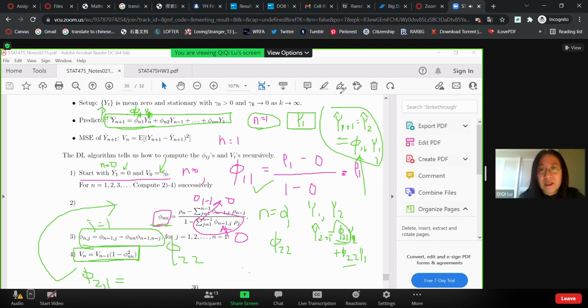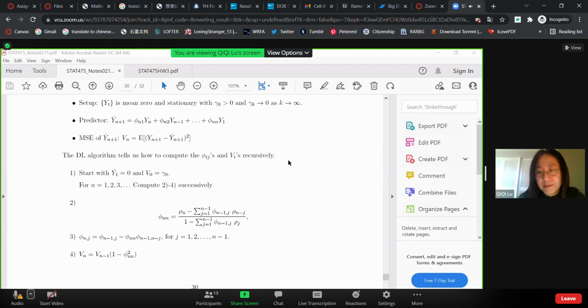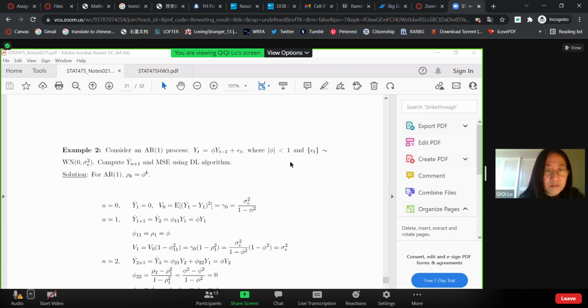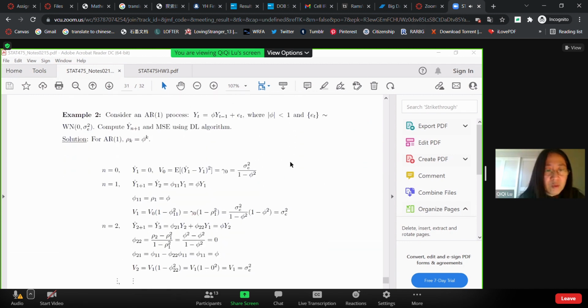Okay, let's do one example here. We still do AR1, the same example. AR1, phi absolute value less than 1, y noise 0, sigma e squared. So we calculate the one step ahead forecast by the DL algorithm, and we calculate its corresponding mean square prediction error.